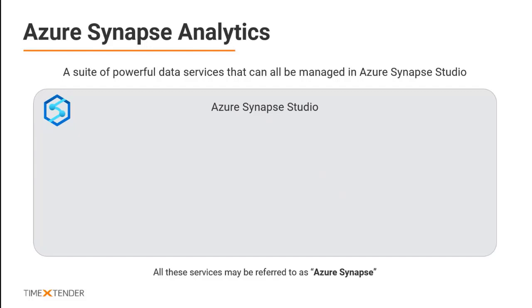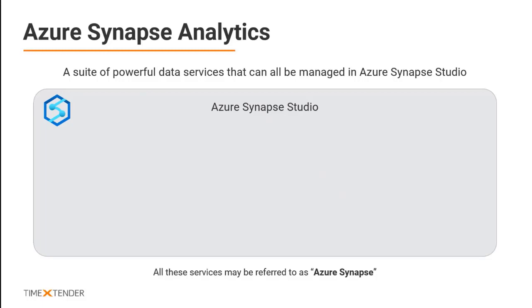Essentially, Azure Synapse Analytics is a suite of powerful data services that can all be managed inside of Azure Synapse Studio. Azure Synapse Studio is a workspace. It used to be called Azure Synapse Workspace. Now it's called Azure Synapse Studio, and it allows you to create these different data services from within the studio and manage them all together in one place.